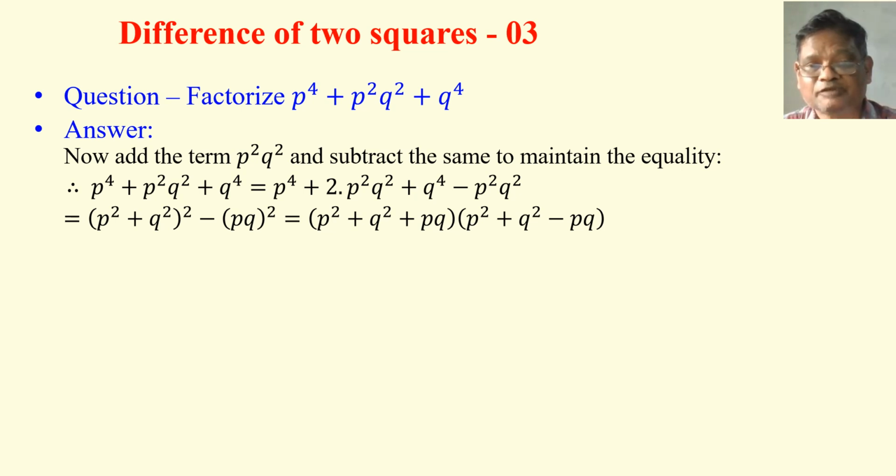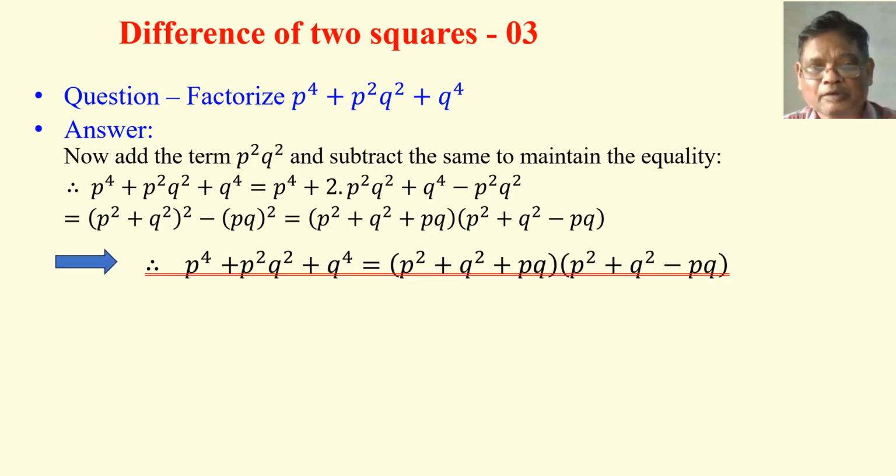Applying the difference of squares, (p squared plus q squared plus pq) into (p squared plus q squared minus pq). Therefore, p to the power 4 plus p squared q squared plus q to the power 4 is equal to (p squared plus q squared plus pq) into (p squared plus q squared minus pq).